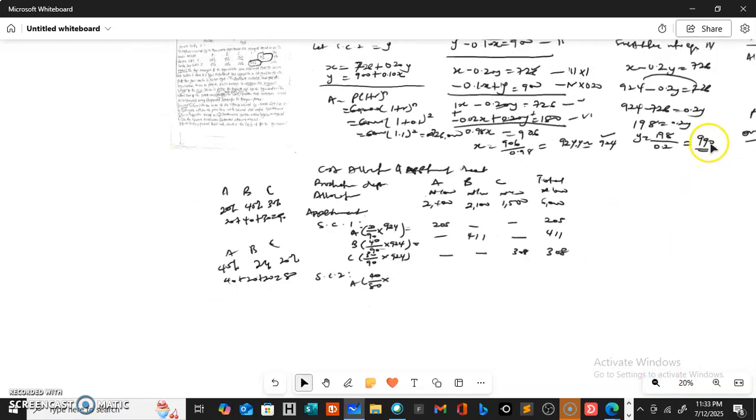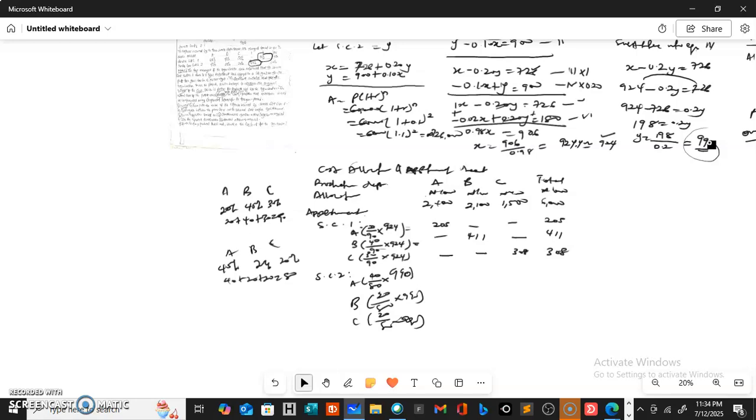So for A, that is 40 over 80 times 990. For B, that is 20 all over 80 times 990. And for C, that is 20 all over 80 times 990.